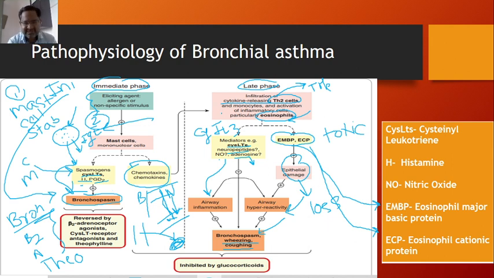In the late phase, this is very important: if there is inflammation, to reduce the inflammation you can use glucocorticoids. Glucocorticoids inhibit phospholipase A2 and various inflammatory mediators, and in the late phase you can use glucocorticoid drugs.